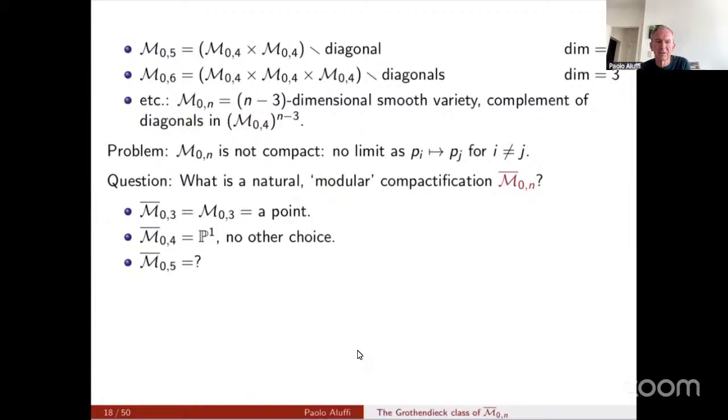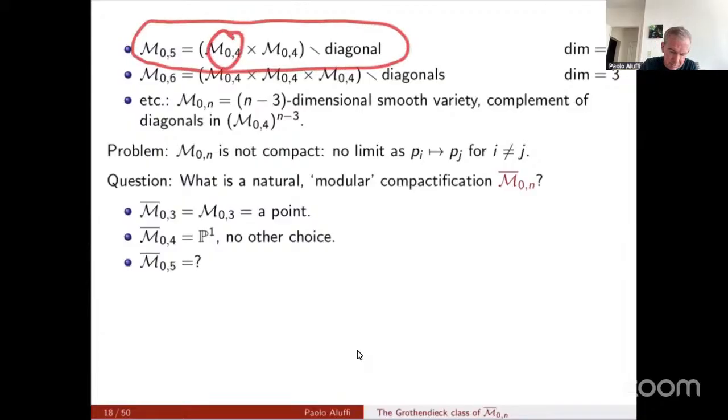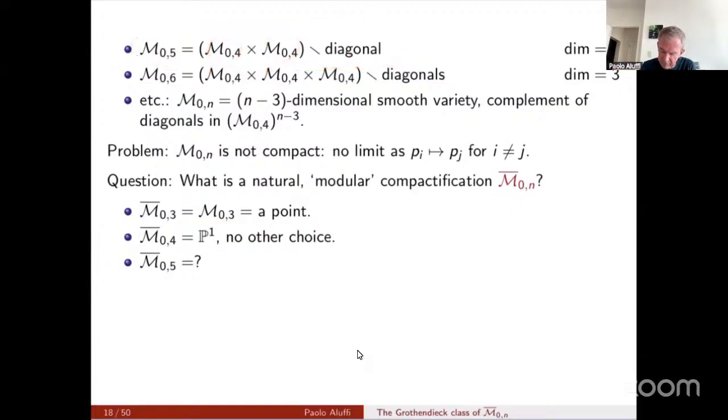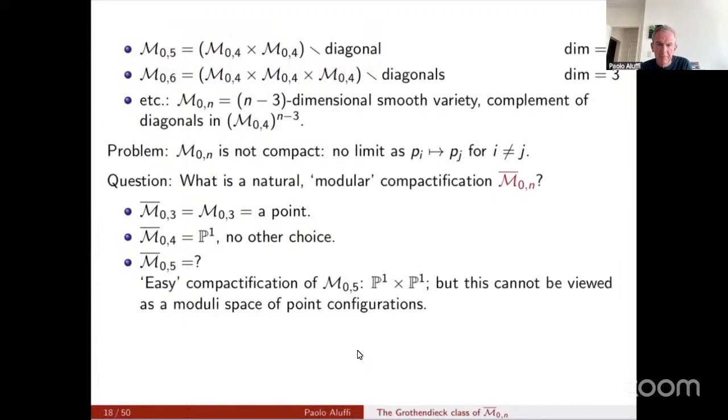M05 is the first interesting one. How do you compactify M05? And I still have M05 up here. A compactification of this is P1, and a compactification of that is P1. Diagonals would be absorbed in the compactification, so you might guess that M05 bar should be P1 cross P1. And this is sad on one hand and very interesting on the other hand.